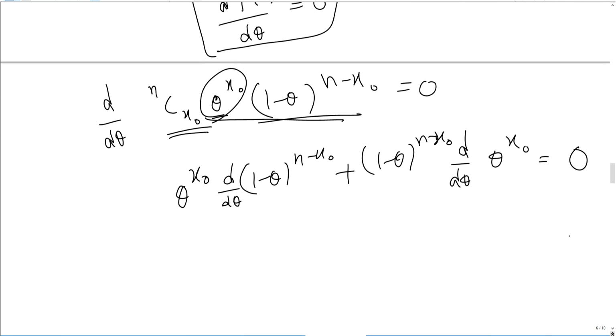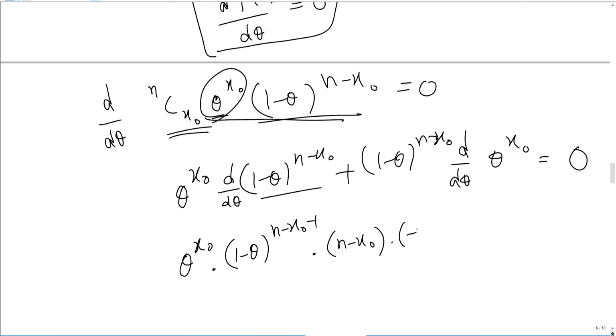Okay. What would happen if you differentiate this? Theta to the power x naught, when you differentiate 1 minus theta to the power n minus x naught, becomes 1 minus theta to the power n minus x naught minus 1, into n minus x naught, and then differentiate 1 minus theta as well, so that becomes minus 1.